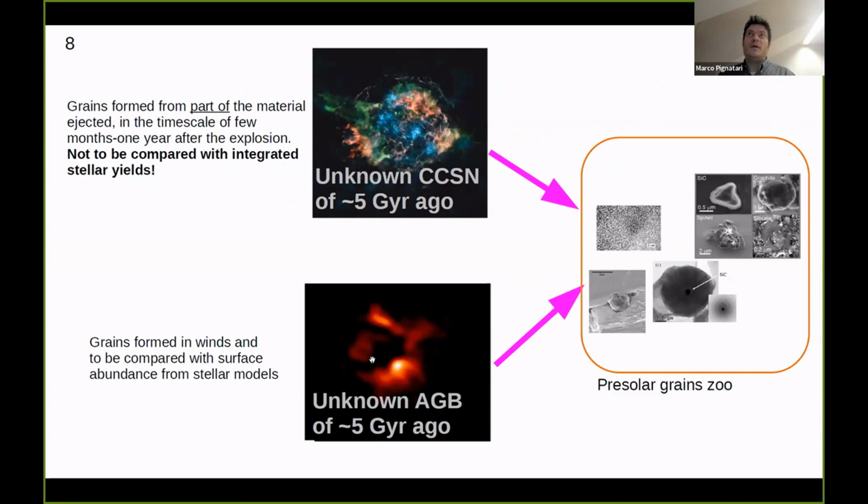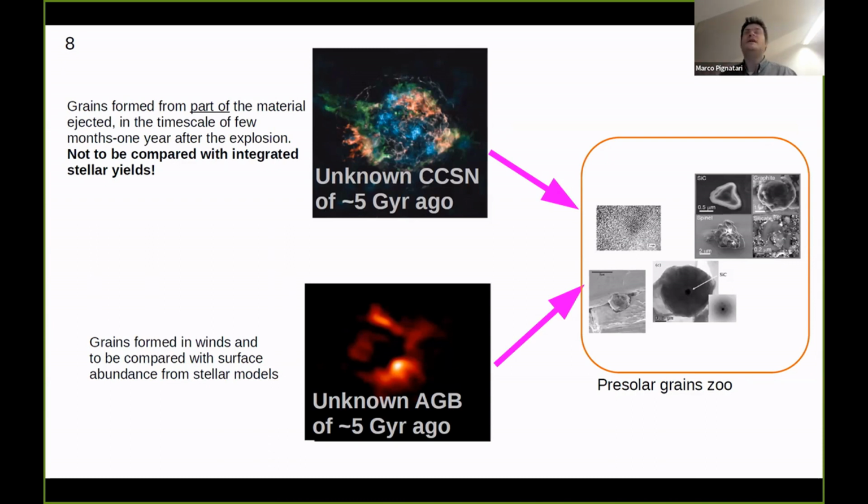So the picture is this. Of course, we cannot observe anymore the supernovae that formed those presolar grains found in meteorites, because those supernovae exploded 5 billion years ago. But these relics from those old explosions are found in meteorites and can be analyzed.